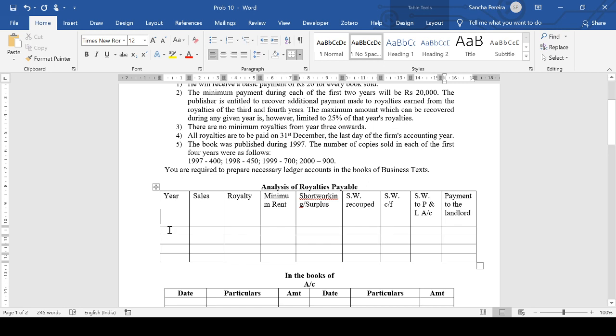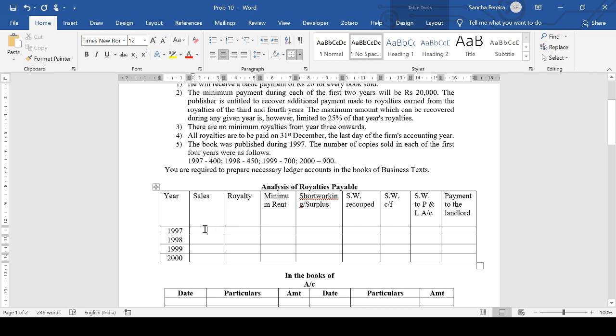So we have the following years: 1997, 1998, 1999 and 2000.